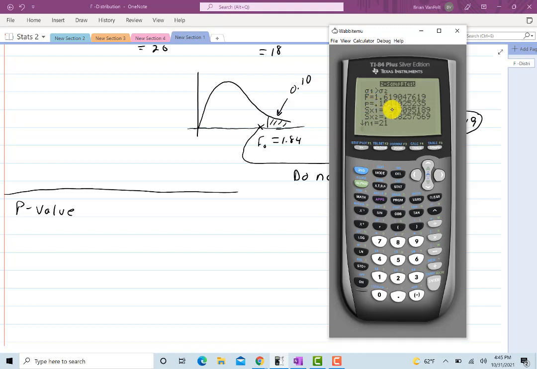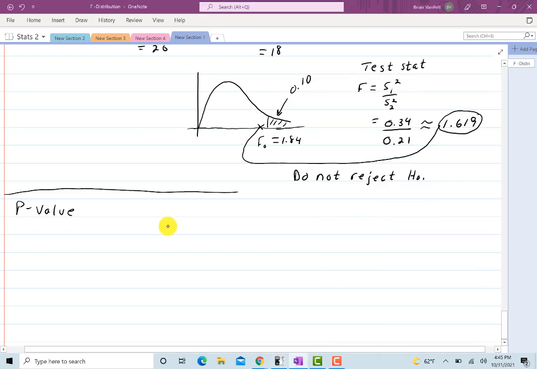I have 0.154. So p is approximately 0.154, and alpha was equal to 0.1. So since p is greater than alpha, we do not reject H naught.